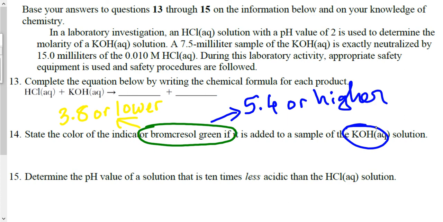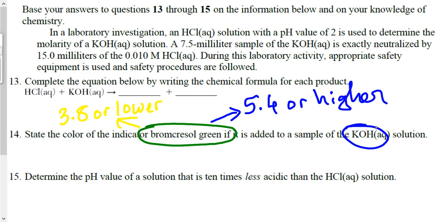The pH of any basic solution is usually about 7 or higher. Bromocresol green is going to show two colors. It would be yellow for any solution that has a pH of 3.8 or lower, and blue for a solution that has a pH of 5.4 or higher.